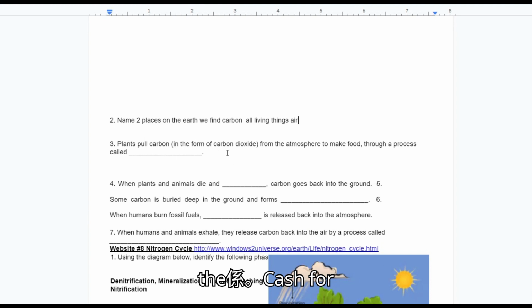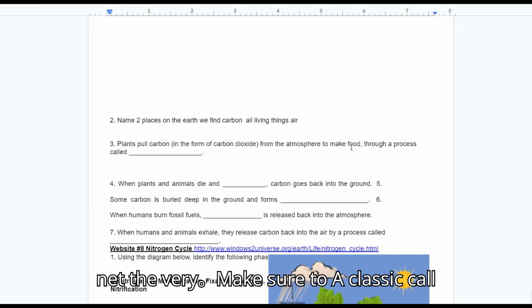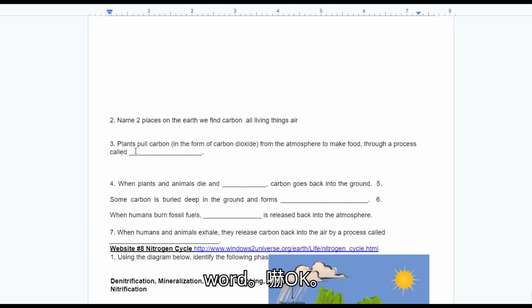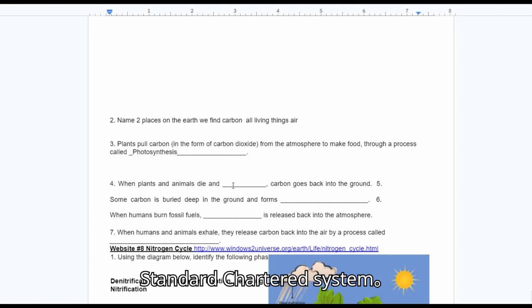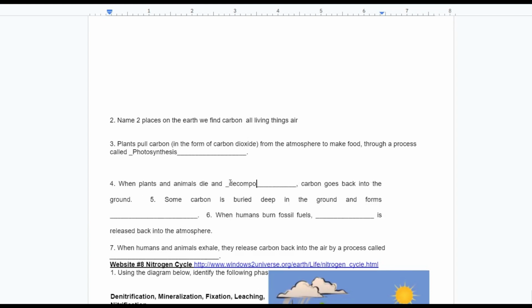Plants pull carbon in the form of carbon dioxide from the atmosphere to make food through a process called what? I hope we know what that one is. We've spent so much time on it this year. All right. Photosynthesis. When plants and animals die and decompose, carbon goes back into the ground.